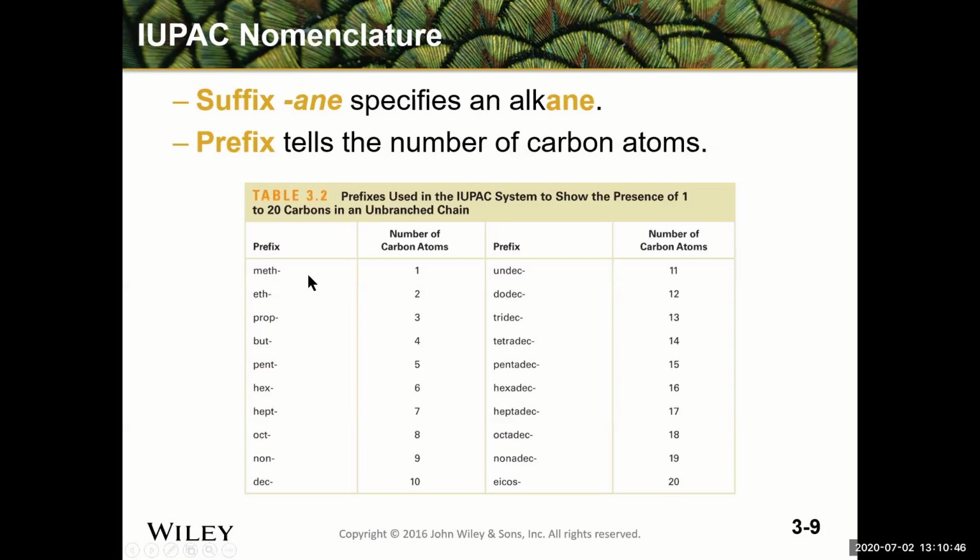Meth denotes 1 carbon atom, eth 2, prop 3, but 4, pent 5, hex 6, hep 7, oct 8, non 9, and so on. If you have a straight chain alkane with 17 carbon atoms, it's called heptadecane.